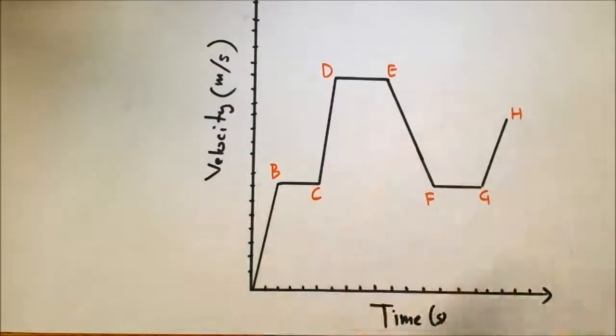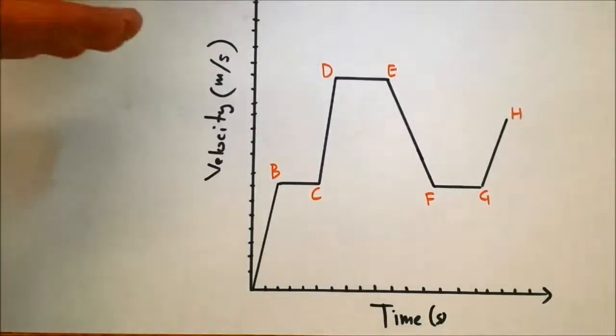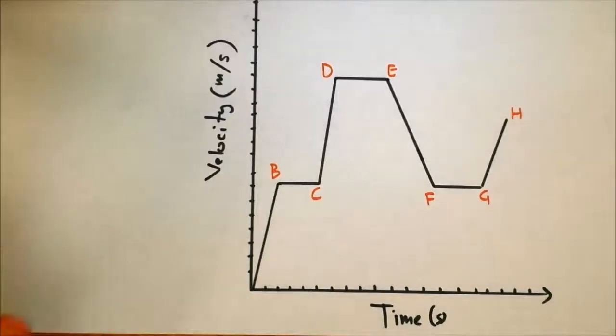There is no slope from D to E. Again, the car is moving, so there is still a certain velocity as time goes on, but there is no change in velocity, which means there is no acceleration. Then from E to F, we have a negative slope. If you were to calculate the slope of this, you would get some kind of negative number, which means we have the car slowing down.